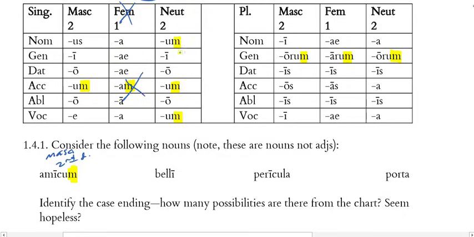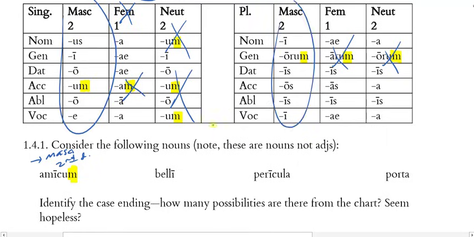So all of those would go away, and the neuter forms would go away because we know that this is a masculine second declension noun. That leaves me with the masculine second declension column. And so now I'm down to just two possibilities. Well, I don't have the orum before the M here, so I can get rid of that possibility. I really only have one once I know the gender and the declension pattern of the noun. So it helps to really simplify the process, doesn't it?